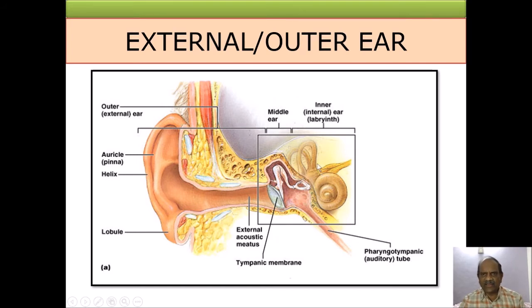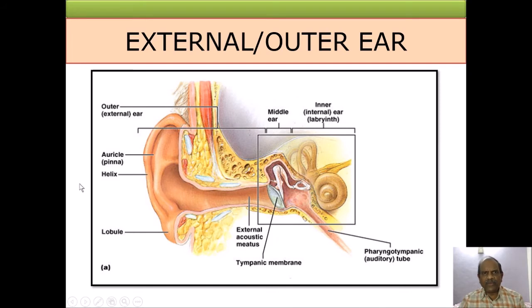And secondly, you will find this type of canal. There are three such canals, called the semicircular canals, which help to maintain bodily equilibrium. Similarly, the function of the cochlea is the actual perception of the sound, which is conducted to the auditory nerve.